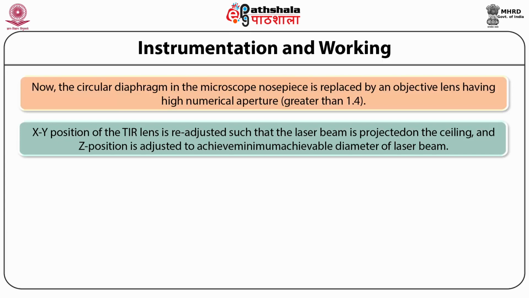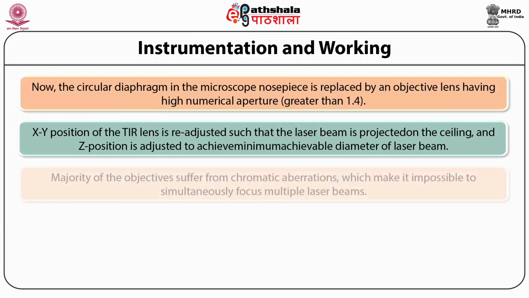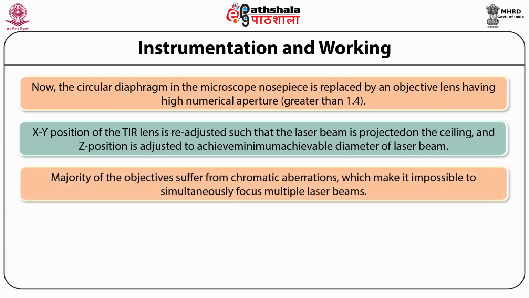The lens is readjusted such that the laser beam is projected on the ceiling and the Z position is adjusted to achieve the minimum achievable diameter of the laser beam. The majority of objectives suffer from chromatic aberrations, which make it impossible to simultaneously focus multiple laser beams.